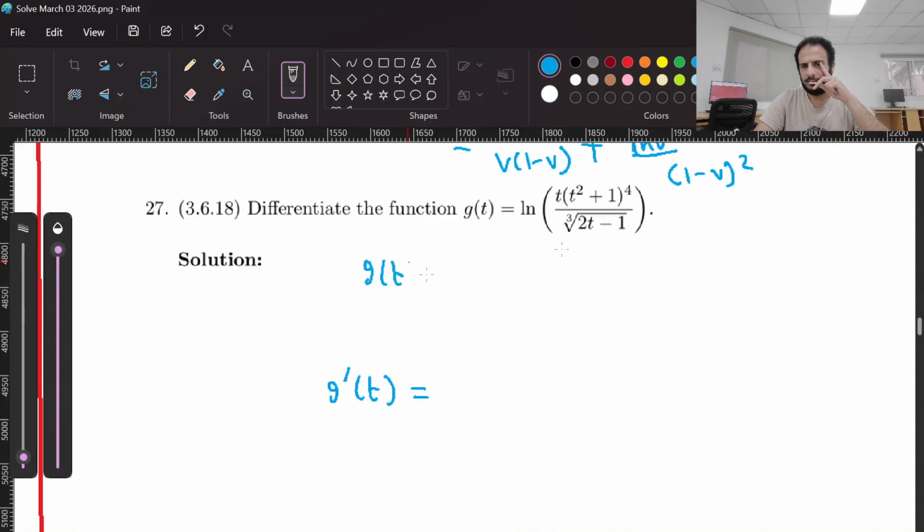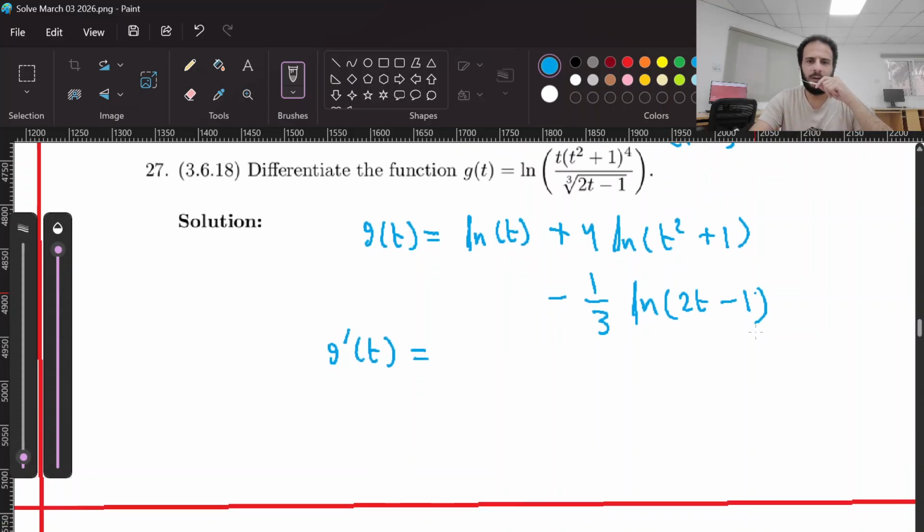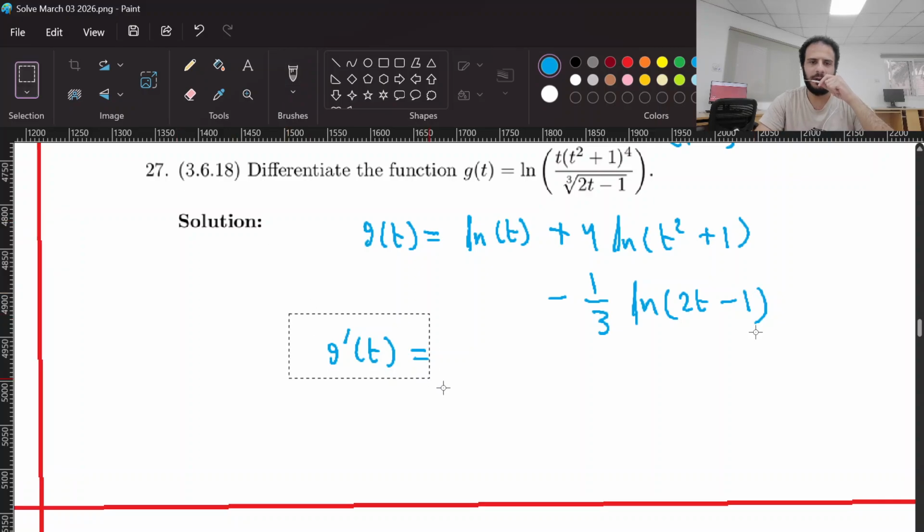First we use the first law, so it will be ln of the numerator t plus ln of the denominator, plus 4 ln of t squared plus 1, minus 1 over 3 ln of 2t minus 1. Now you can differentiate it very easily, right?